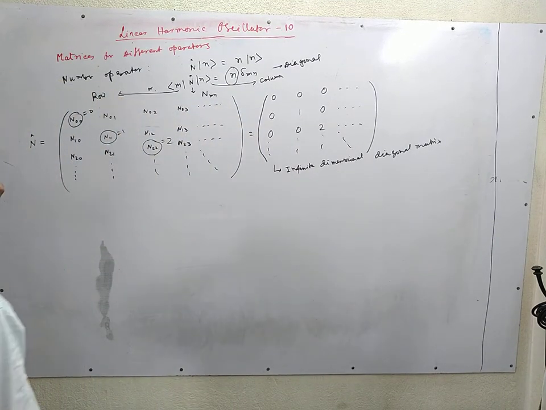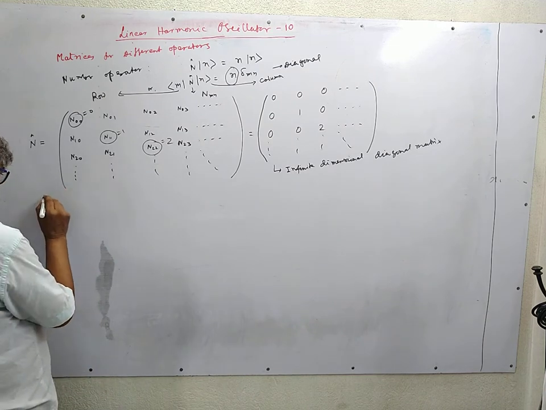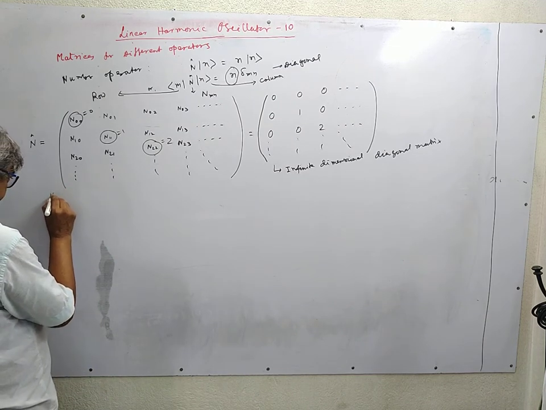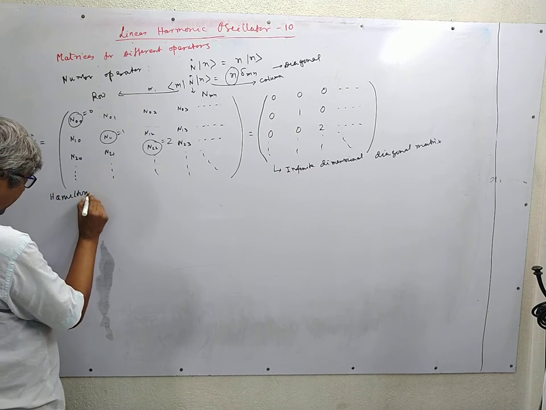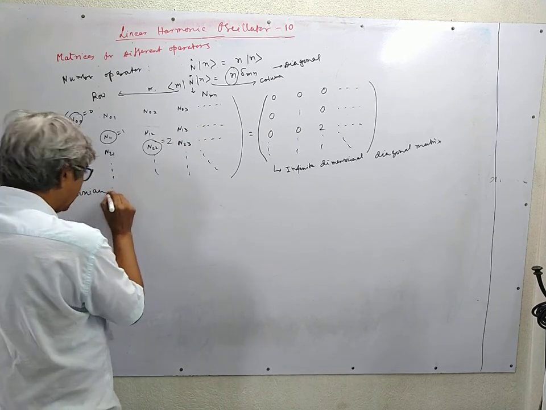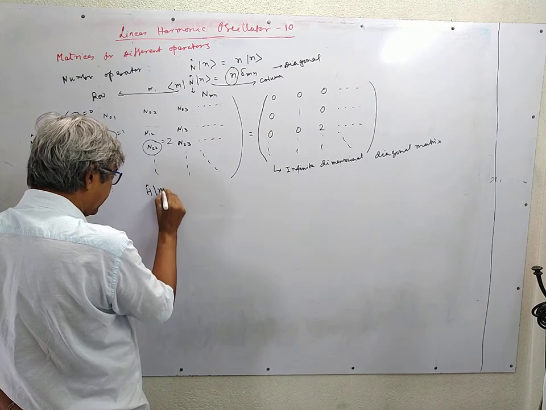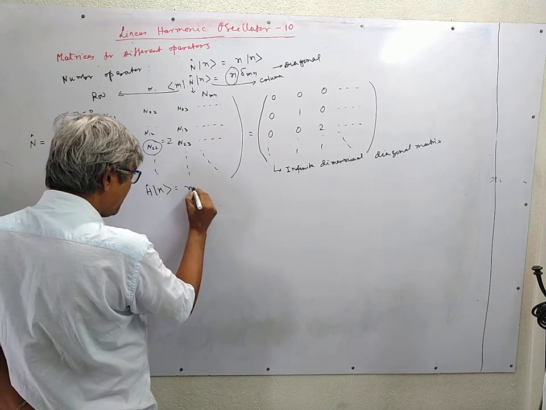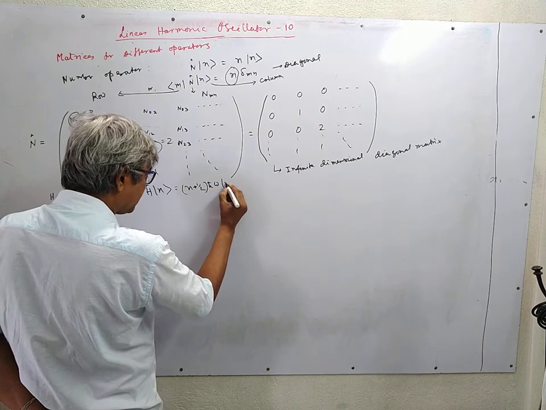Now we come to the second operator, that is the Hamiltonian. We know that the Hamiltonian operating on an eigenket n gives you (n plus half) h cross omega times the eigenket.